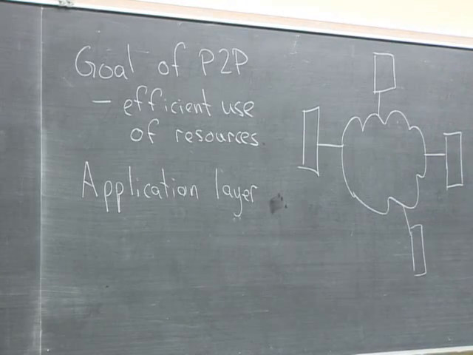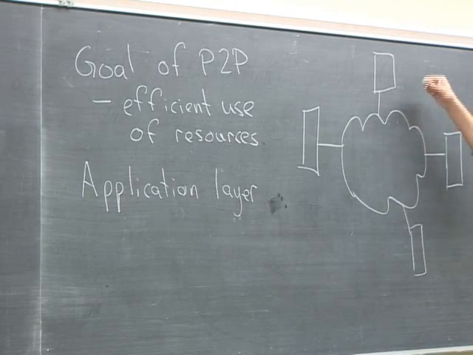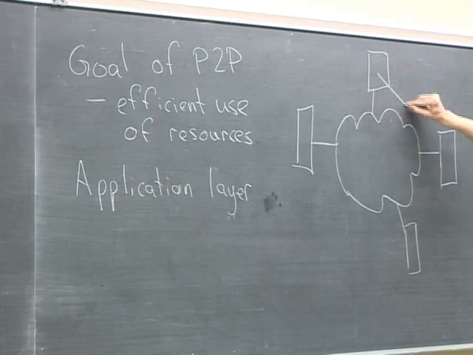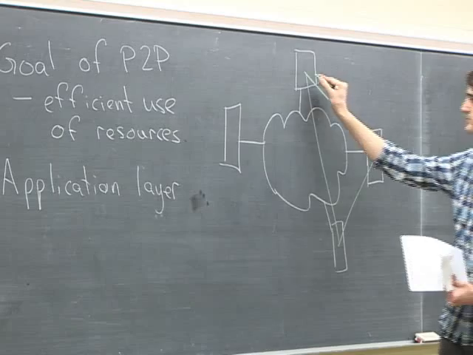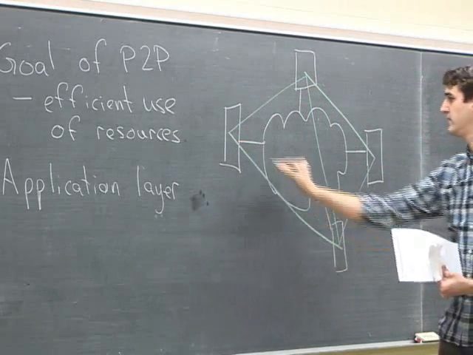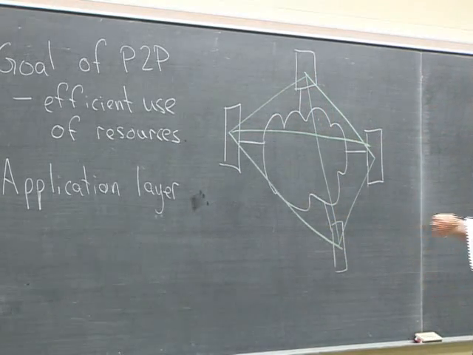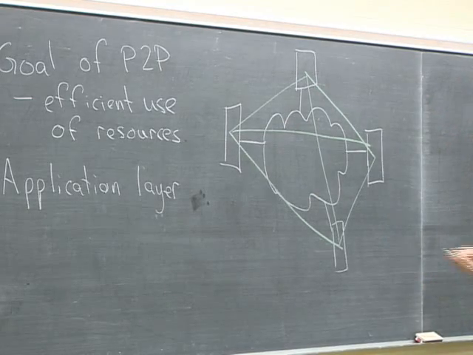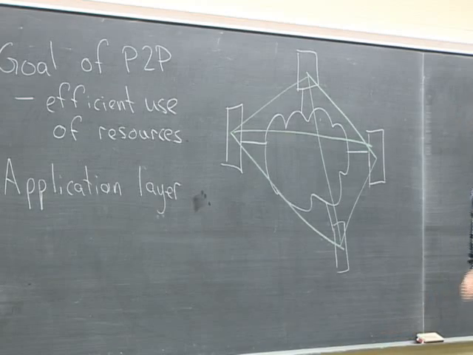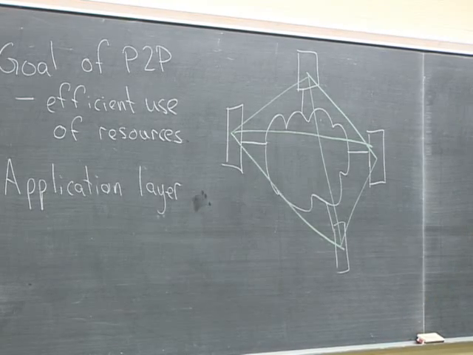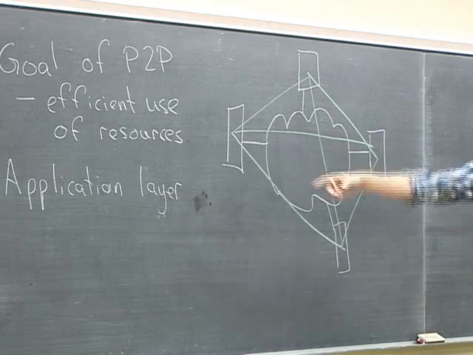So this overlay network is just a network that links together peers in this peer-to-peer system. So let's suppose that they're all linked to each other. And these green links here represent these logical links. That is the application layer connection between these different peers.